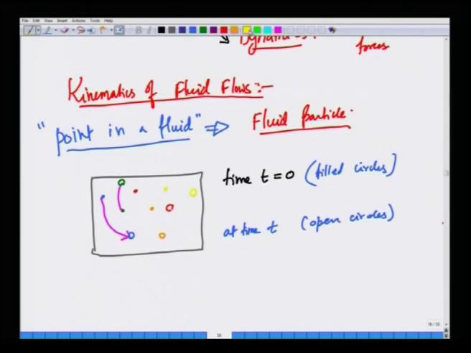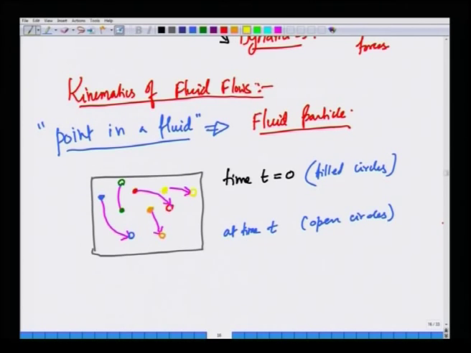So, these are the locations of these various points, okay. Notice that I am using closed circles for the location at initial time of various dye elements, and I am using open circles for, just for the sake of clarity I am exaggerating the size of these points, so that you can see them easily.